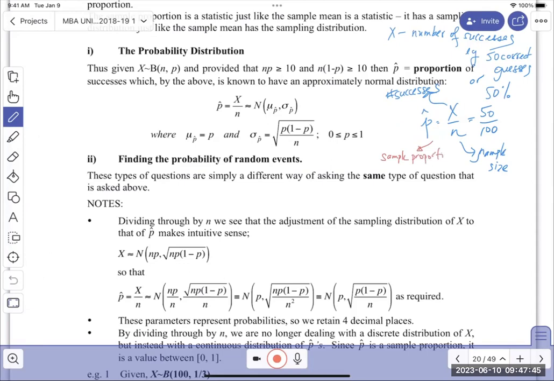So here's my question for you. I already gave you the answer, but usually I do. So is P hat a statistic? Is P hat a statistic? So think back, what is the definition of a statistic? Is P hat a statistic?